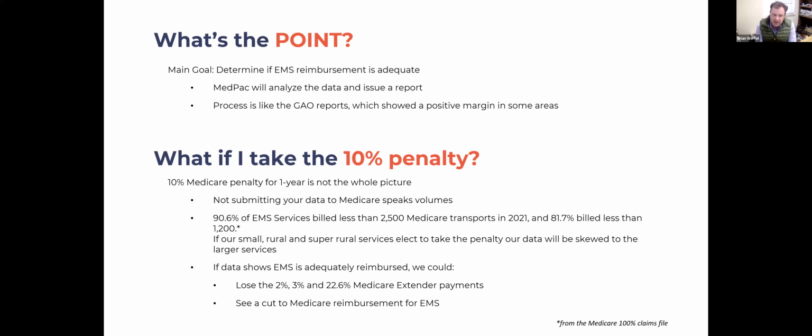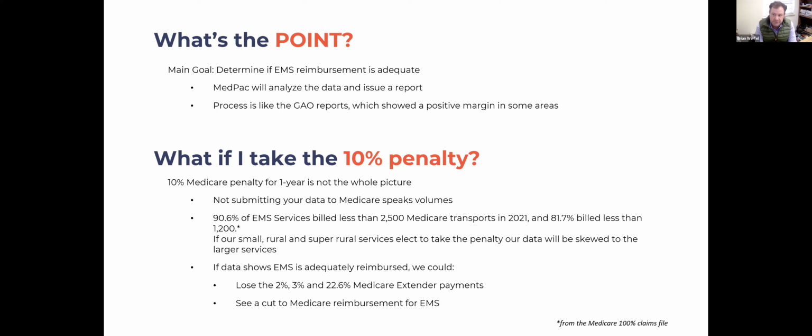Now, they had attempted to collect cost data on the industry in the past. Specifically, the Government Accountability Office, the GAO, did 2 studies, one in 2007, looking at what would be the financial landscape in 2010, and then a second report in 2012, looking back on what actually happened in 2010. The problem with both of those reports, though, is that the GAO did not have the authority to mandate compliance.